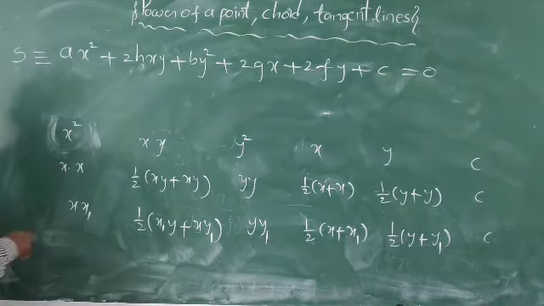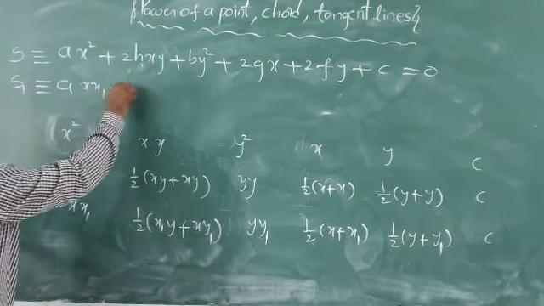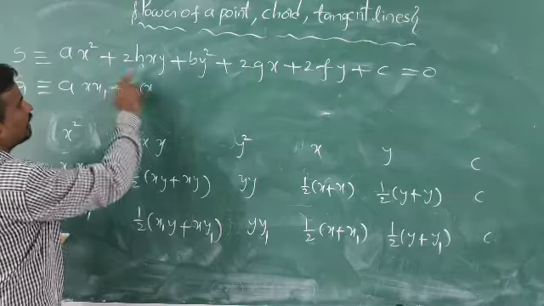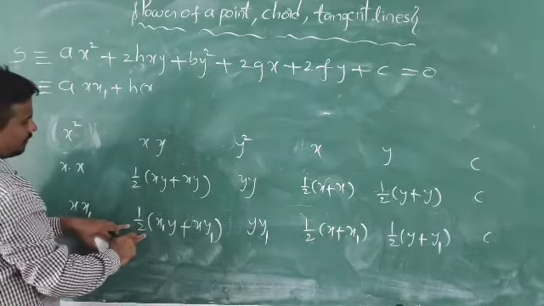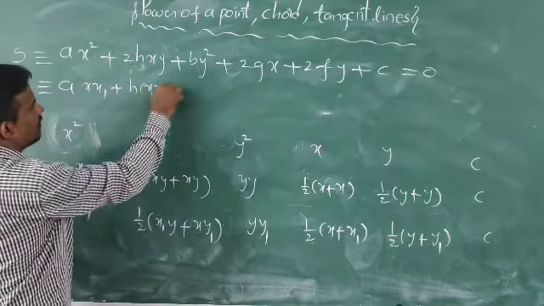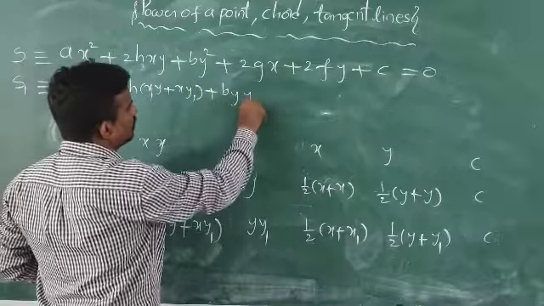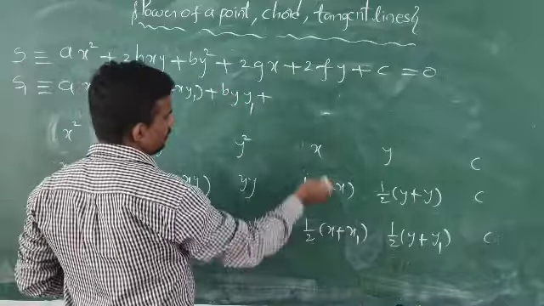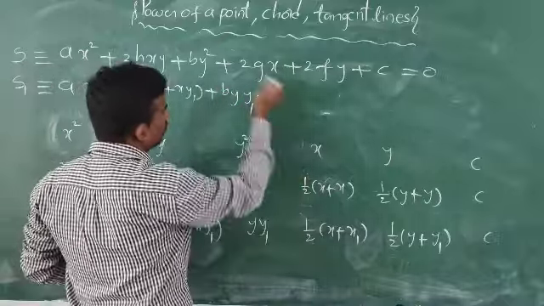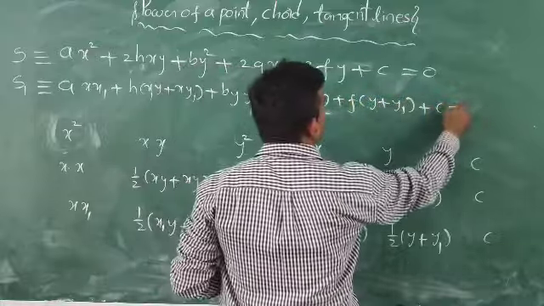It is a x x1 plus h of x1 y plus x y1, plus b y y1, plus g of x plus x1, plus f of y plus y1, plus c equal to 0.